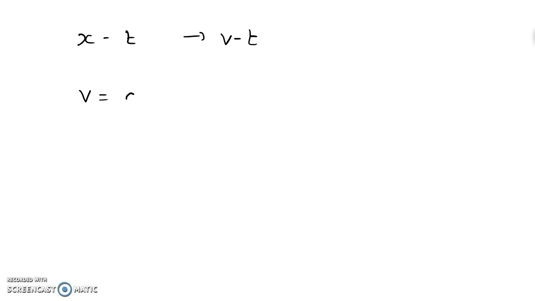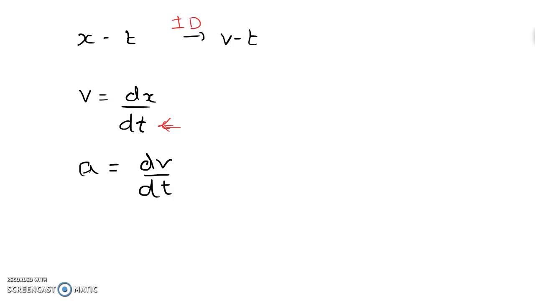Velocity is dx by dt. This dt is important, so take care of that. We can also know the acceleration. Acceleration would be dv by dt. So if you differentiate x once, you get v as a function of time.